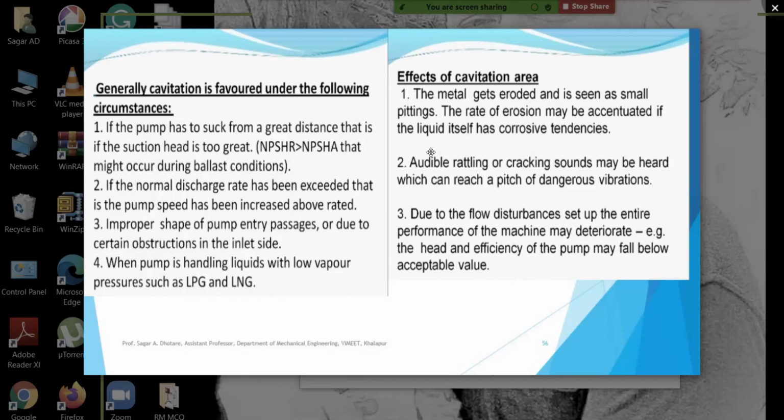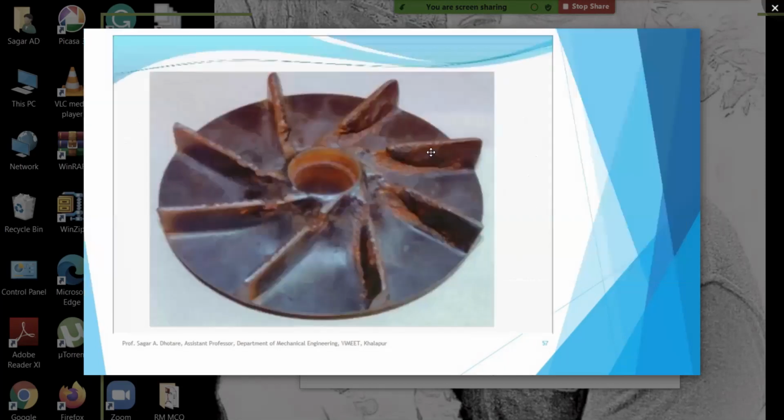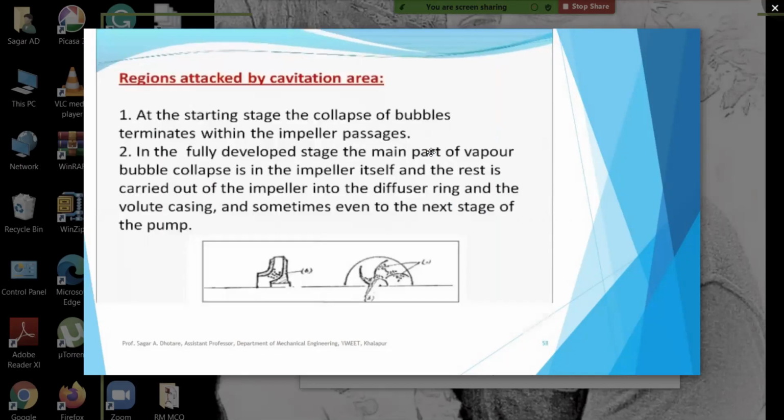For example, the head and the efficiency of the pump may fall below the acceptable value. So this is the outcome of cavitation. It is very hazardous because it reduces the life of the impeller. Most of the time it attacks the impeller and reduces its life. So priming is very important to avoid such things.